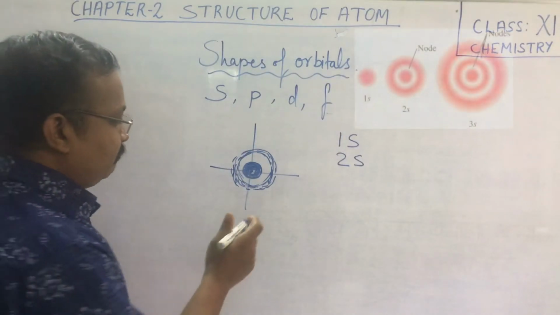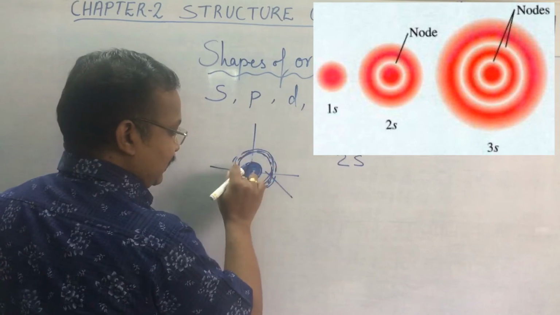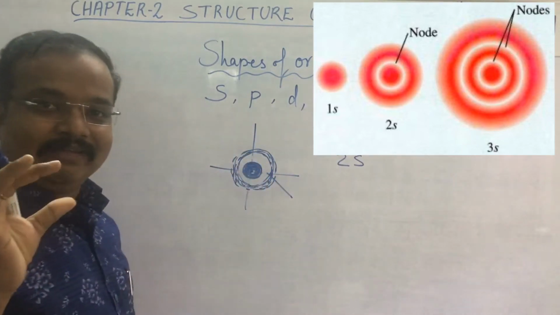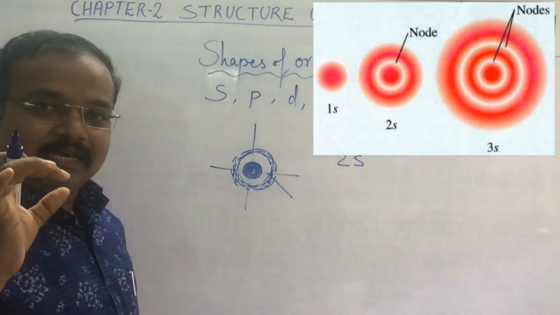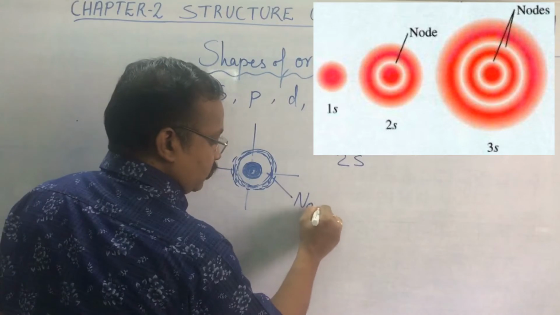In between there is actually a gap, that is this area, where the probability to find an electron is minimum. Those areas we call nodes.